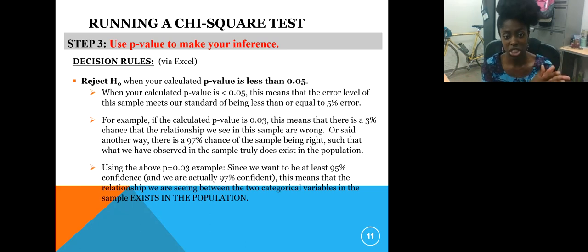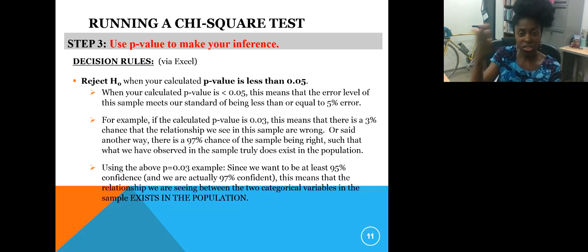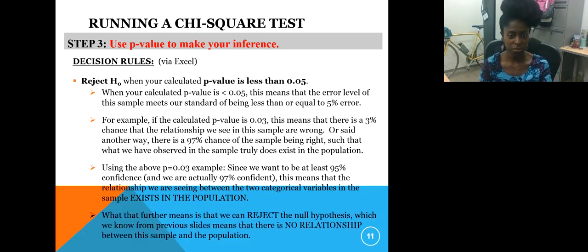This means that the relationship that we see between variable A and variable B, these two categorical variables, in the sample exists in the population. This is a statistically significant relationship between variable A and variable B. So what we are seeing in the sample, we can generalize to the population, okay?